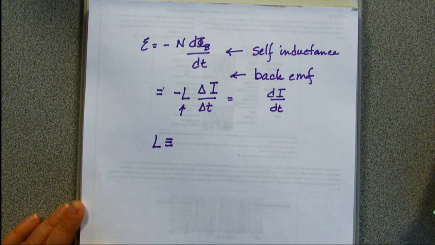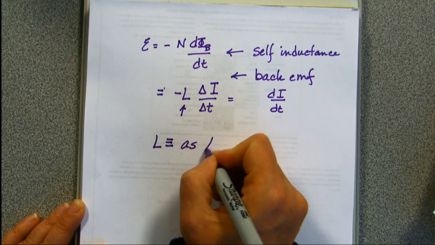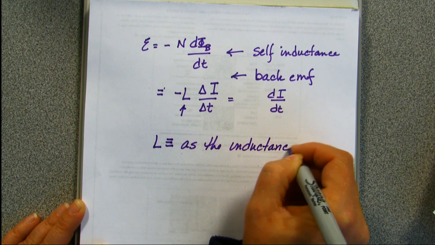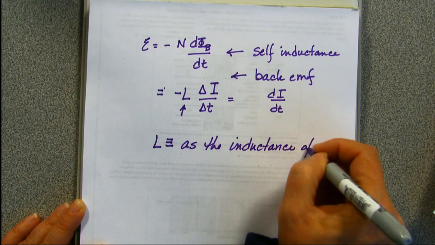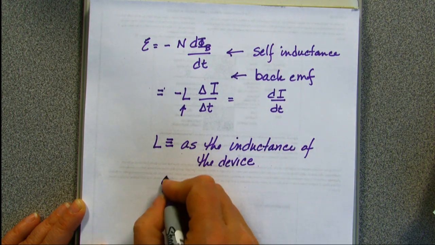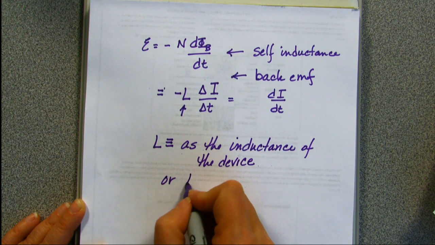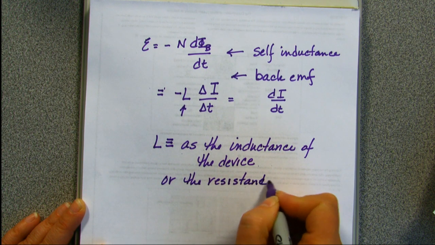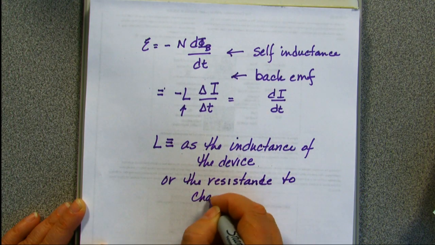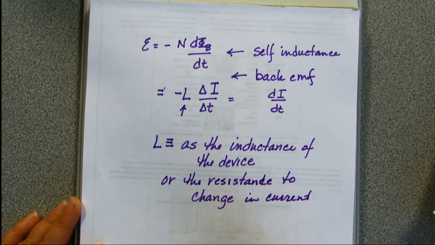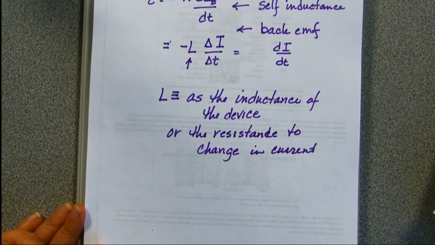It's just defined as the inductance of the device, or we can say this is the resistance to the change in current.